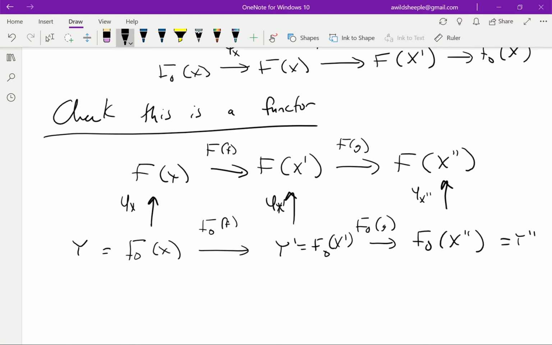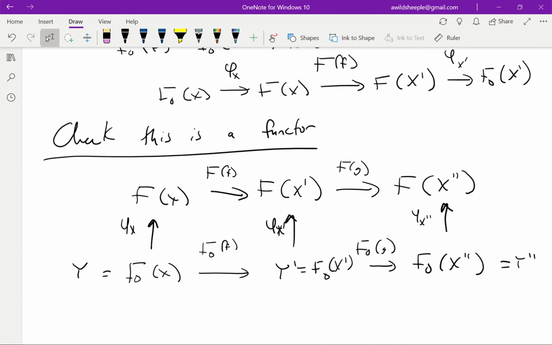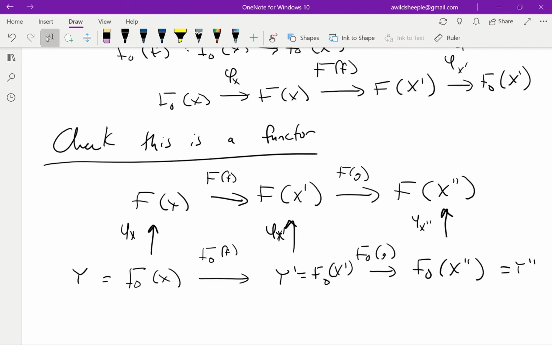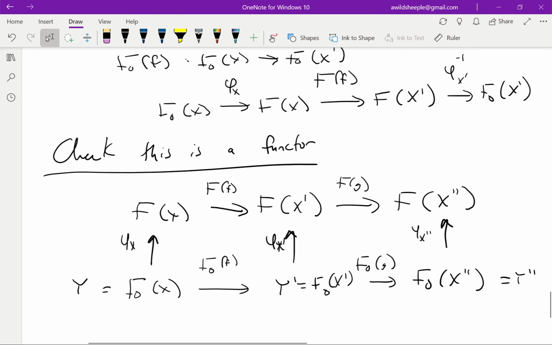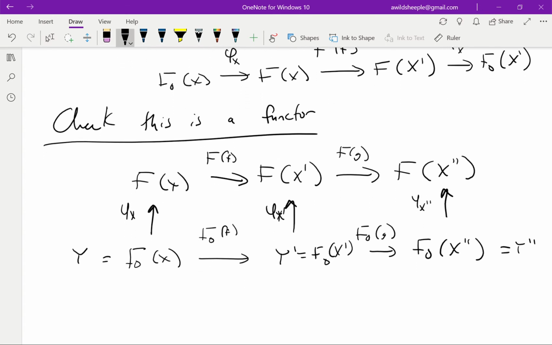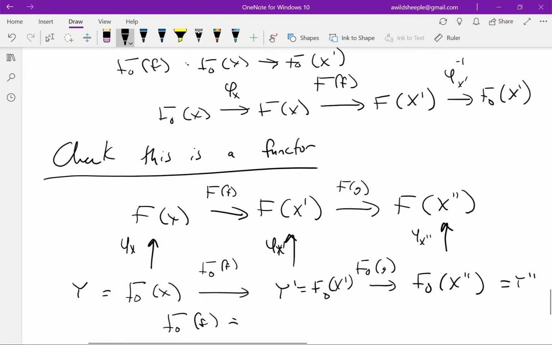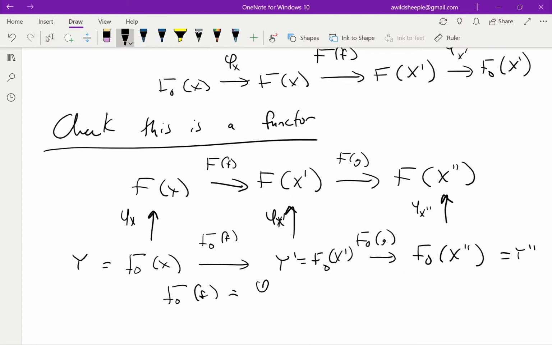Now we need to check that this diagram is commutative. So we have to remember this definition, where these f0s are compositions. Let me write this formula here just to be clear. We should go in the reverse order. Last we do phi of x prime inverse.